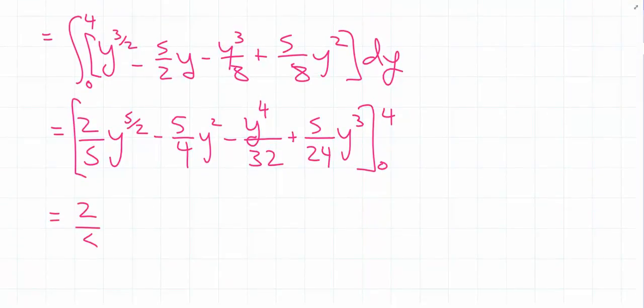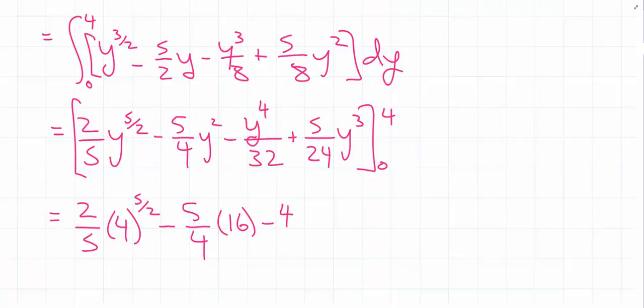So this is 2/5 4 to the 5 halves. So really that's 32. Okay, but we'll deal with that in a minute. 5 over 4 times 4 squared is 16. Okay, do that. Minus 4 to the 4th. I'll deal with that in a minute.